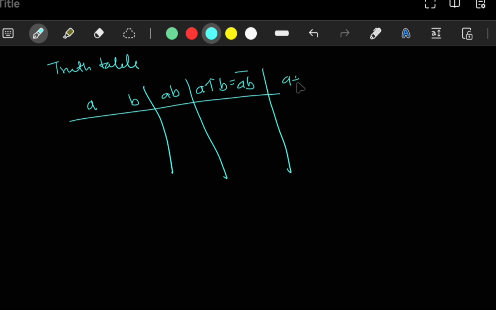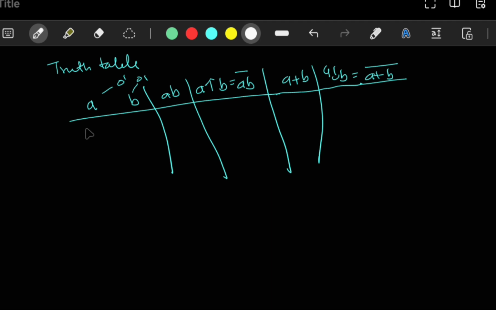Then OR, and the NOR will be OR complement. Right, and the combinations will be 0, 1, 0, 1. Right? Only two possible values. So four possible combinations. But these four combinations we write normally in the order of their binary number.